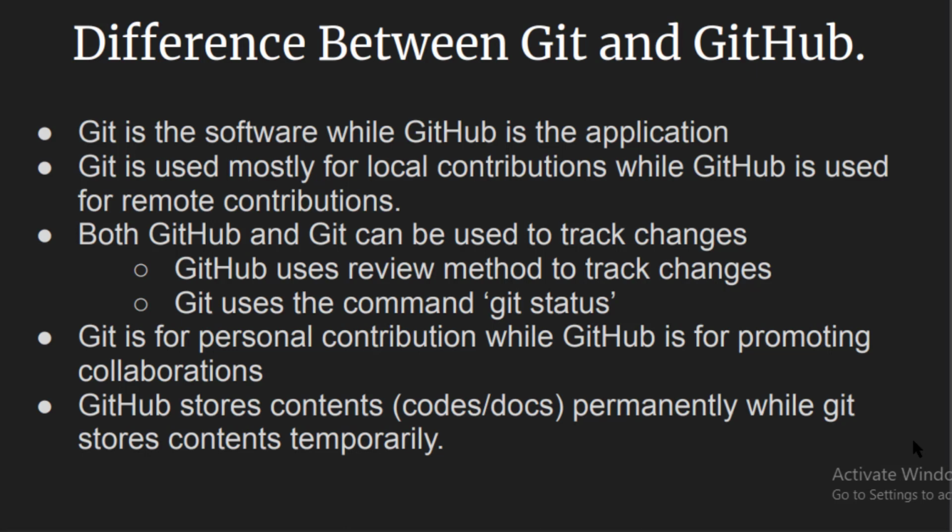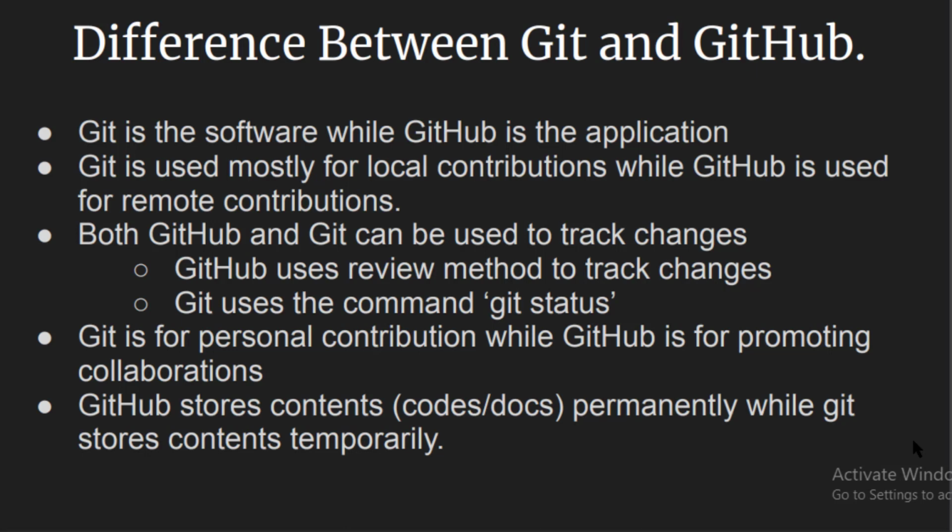And also with Git, which you can use from your machine locally, you can check if changes were made by using the command git status. I will not talk more on that for now. I will be talking on that later.